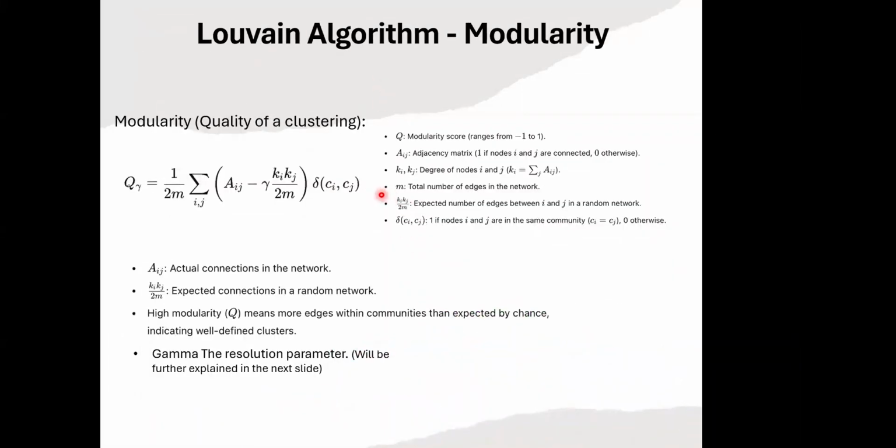We have the degrees of the nodes I and J. This is the degree times the degree of the other node, divided by twice the number of edges, which is actually the expectation of the random graph for this cluster: the number of edges in a random graph between I and J. So what we are actually comparing is how a random graph is doing compared to our graph, which is Aij, the current graph.